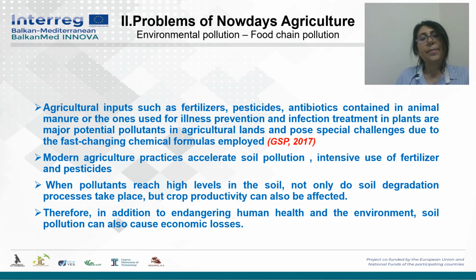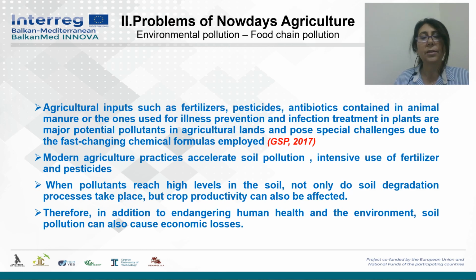Agricultural inputs, such as fertilizers, pesticides, antibiotics contained in animal manure, or the ones used for illness prevention and infection treatments in plants, are major potential pollutants in agricultural lands and pose special challenges due to the fast-changing chemical formulas employed.